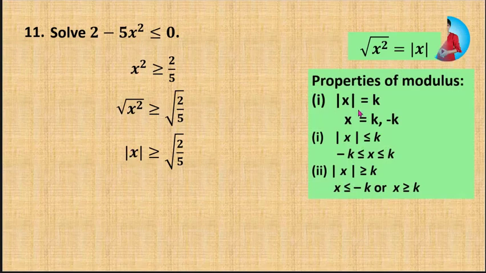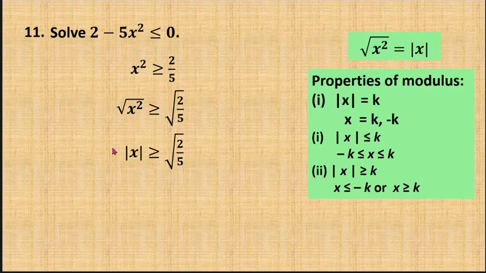According to the properties of modulus, if the modulus of x is greater than a constant k, then x is less than or equal to negative k or x greater than or equal to k.